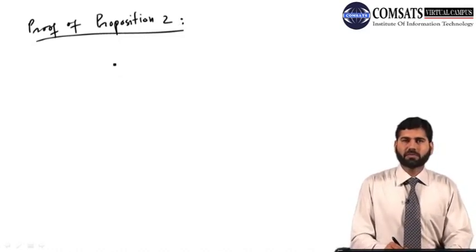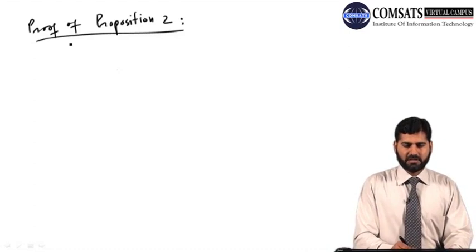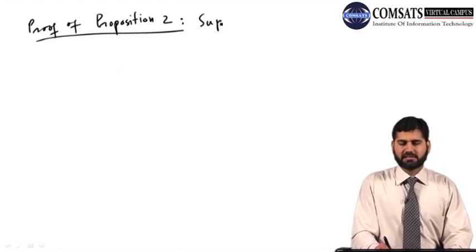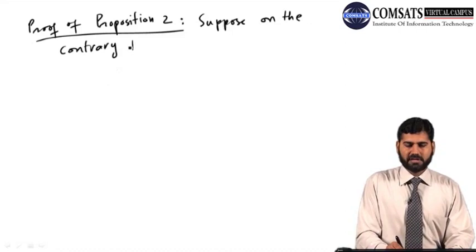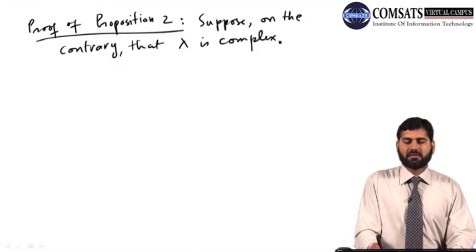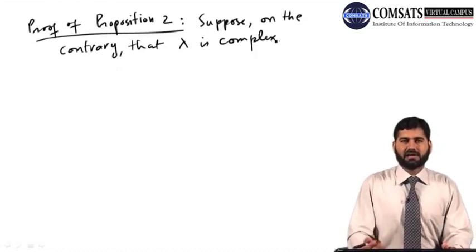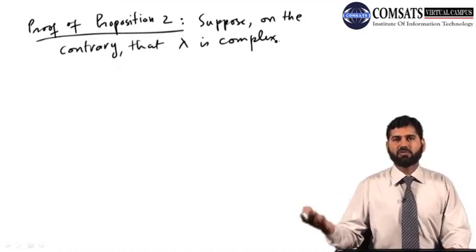Okay, so we will prove this proposition by contradiction. Let's assume on the contrary that lambda can be complex. So suppose that lambda is complex, or I can say that the SL problem can have complex eigenvalues, and then we will reach a contradiction.